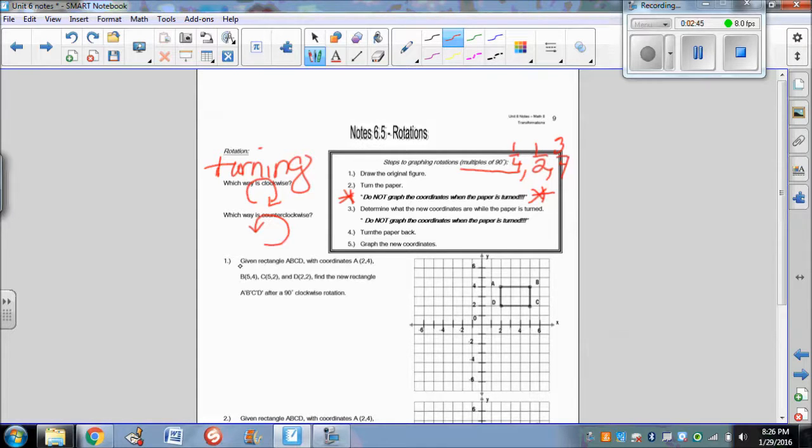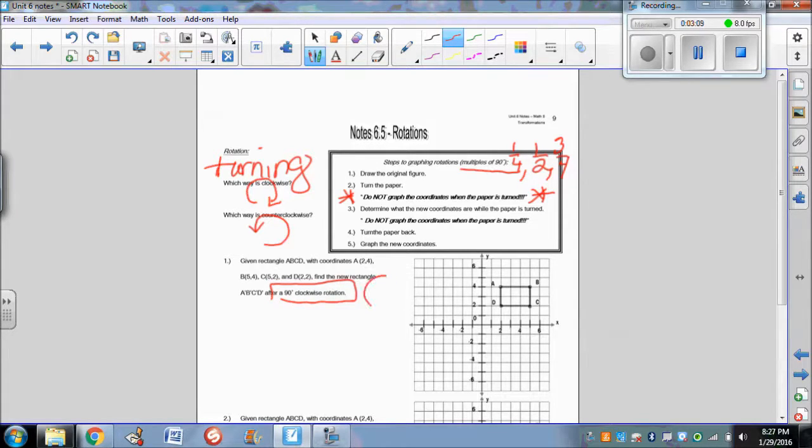My first problem says, given rectangle ABCD with coordinates A through D, and I have graphed the original for you. Now I want to find the new rectangle A prime, B prime, C prime, D prime after a 90-degree clockwise rotation.